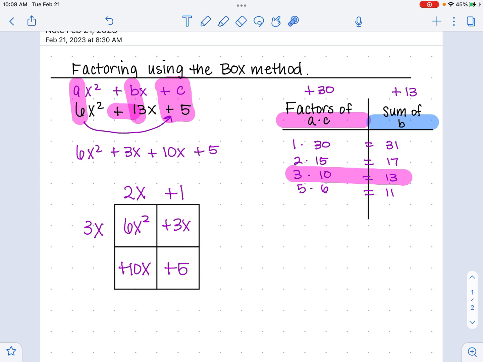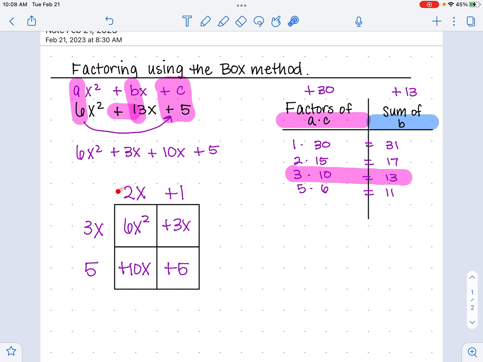Then we move on. Here we have 10x. 10 divided by 2 is 5, and if we check it, 2x times 5 does give us this 10x. And then check the last one: 1 times 5 does give us 5.